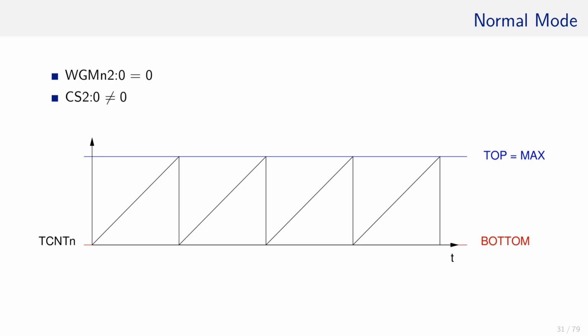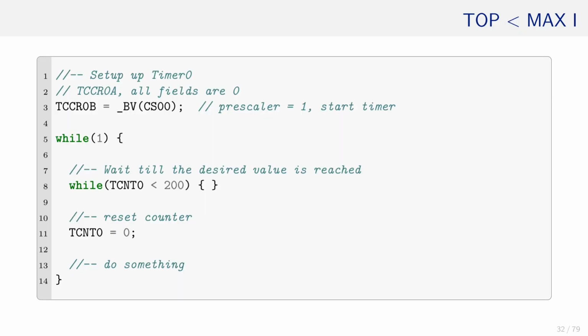But what if we do not want to run to the max value? What if we want to increment the counter till a defined value that is less than max? In the normal mode, we do not have a choice but to implement this functionality in software.